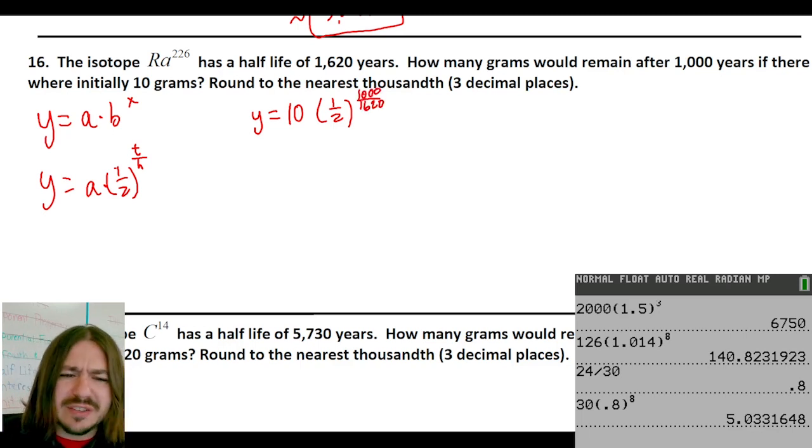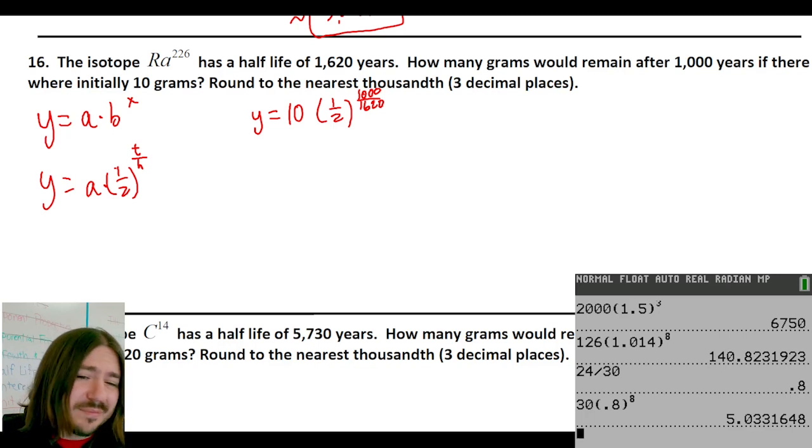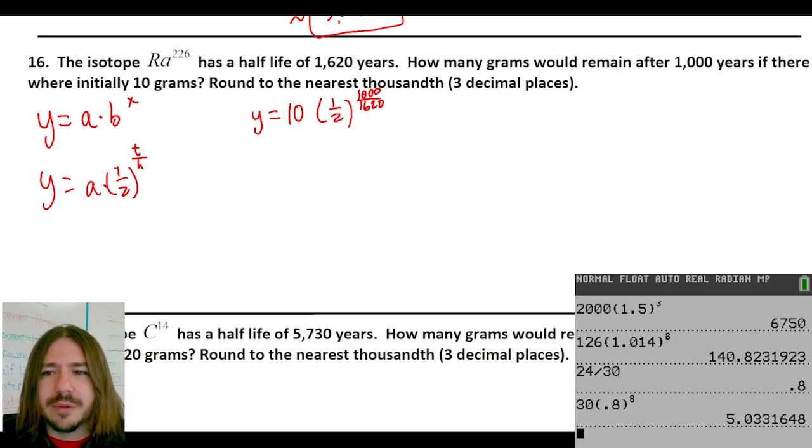Just as far as estimating goes, if it was exactly 1,620 years, then it would be exactly 5 grams remaining because it'd be half, right? So since not quite that many years have elapsed yet, we know that there's probably going to be more than 5 grams here. So maybe 6, 7, somewhere around there probably, but let's go ahead and evaluate this.